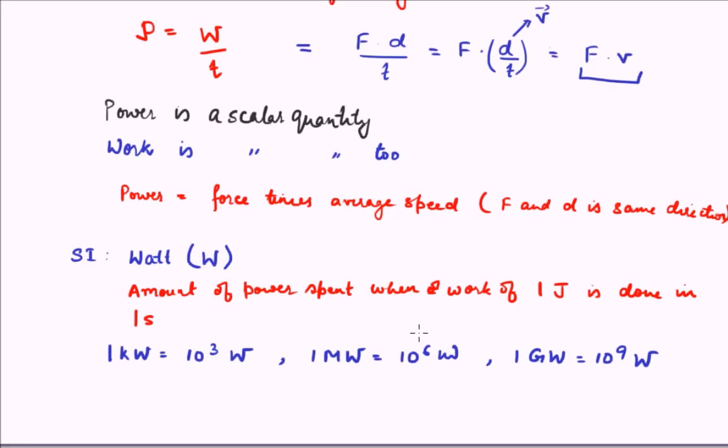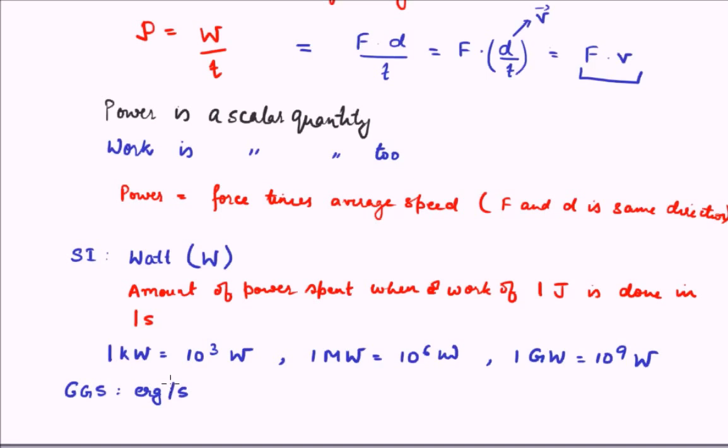The CGS unit of power does not have an additional name like watt. The watt unit is for power in the SI system, but the CGS equivalent does not have a special name. It is directly written as erg per second from work by time. Work's CGS unit is erg, and time's CGS unit is second, so it turns out to be erg per second.